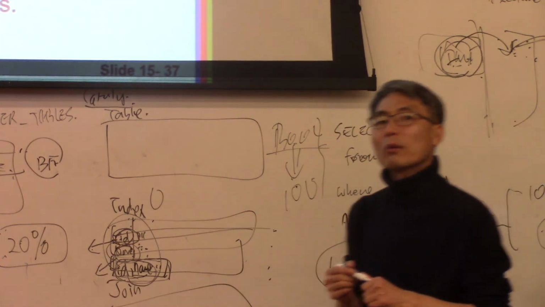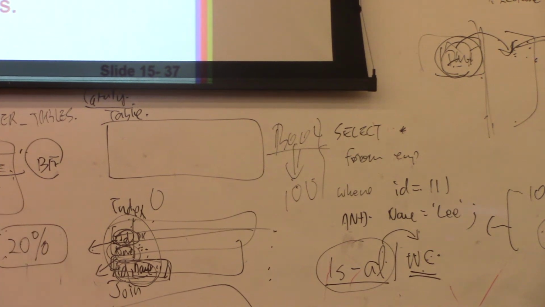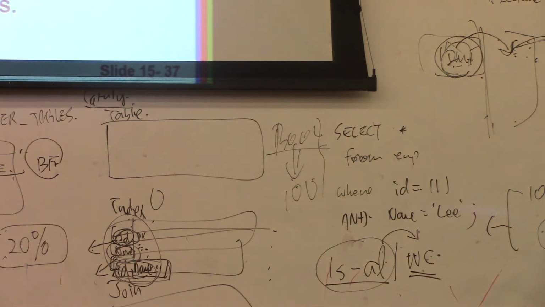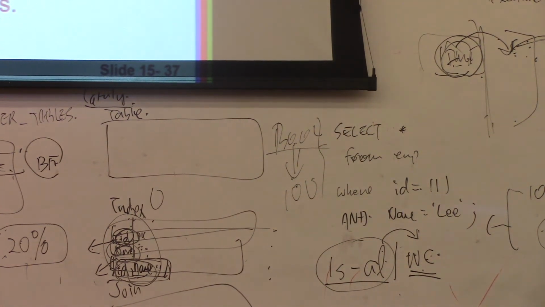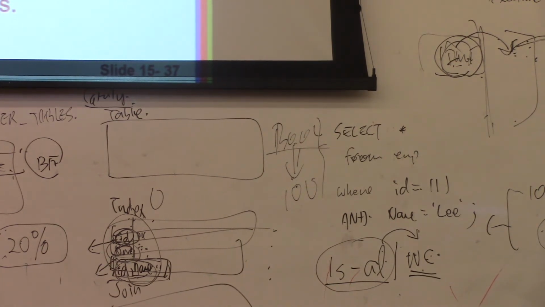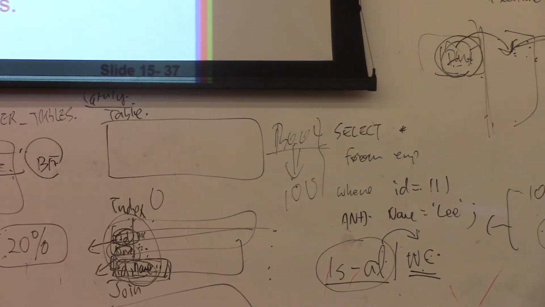Because one of the problems of the cost-based optimizer: the goal of the cost-based optimizer is to reduce the time, right? To find the fast route. The problem is, it takes a long time to calculate the cost. Doesn't make sense, right? Our goal is to reduce the time, but because of that, it takes longer. That's one of the problems of cost-based optimization.